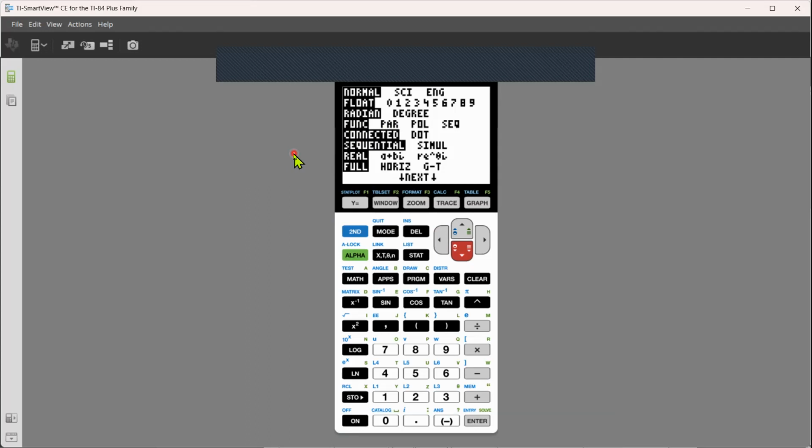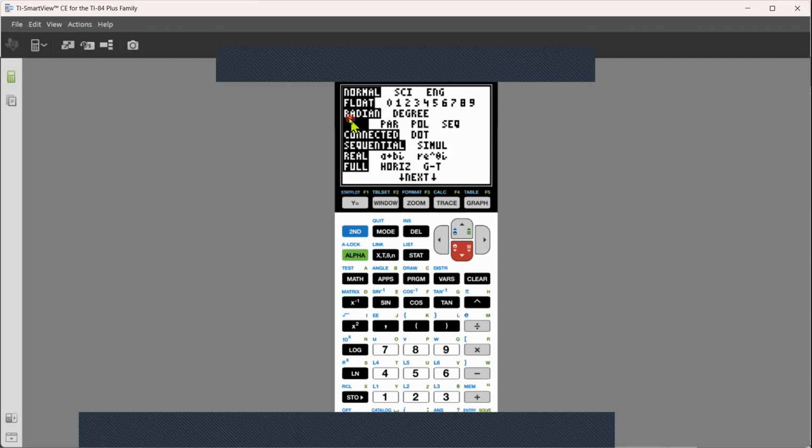But if you enter 45 and it's in degrees, it's going to take it as 45 degrees, you see? So if you're in radians, you want to enter pi over 4 for 45 degrees. If you're in degree mode, you want to enter 45. But that's how you change that.